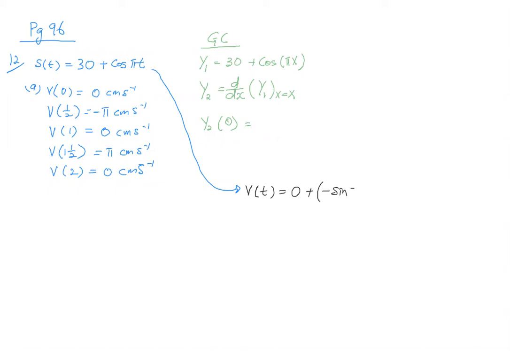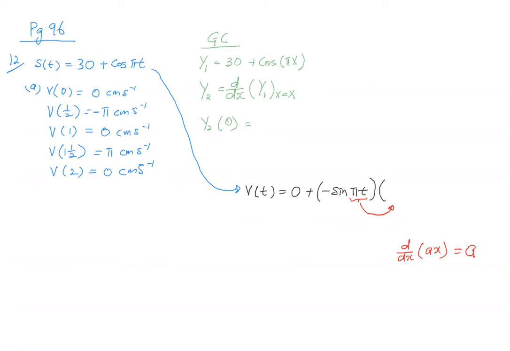So I copy down the angle. Then after that, what should I do? Bracket, times it by that cos. Derivative of pi t is pi.